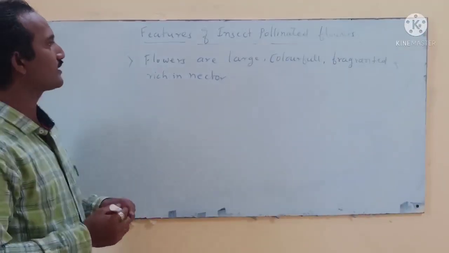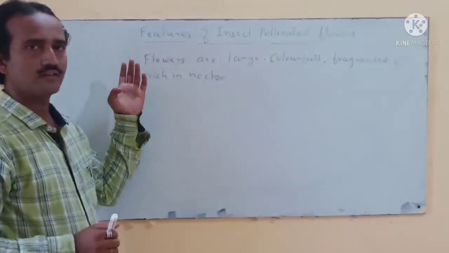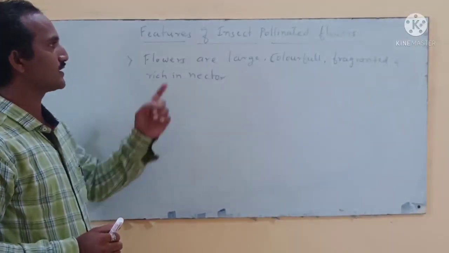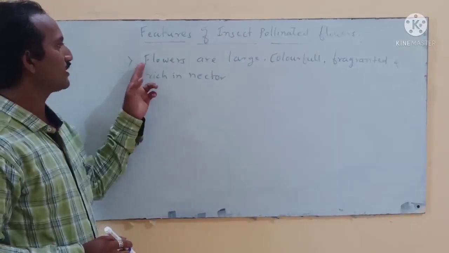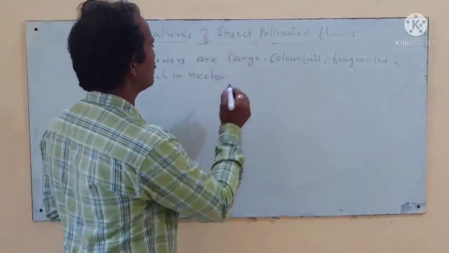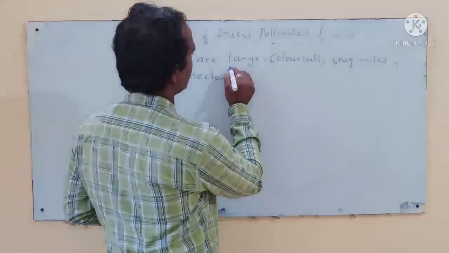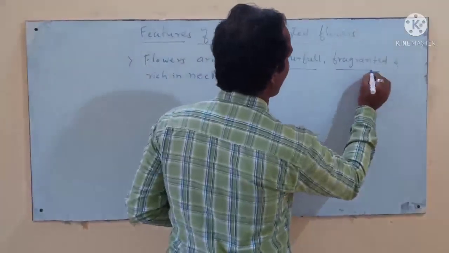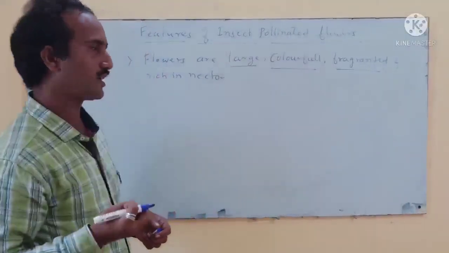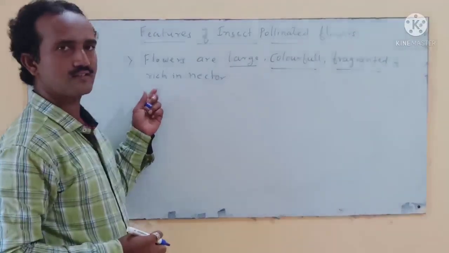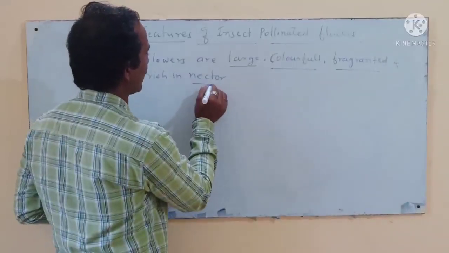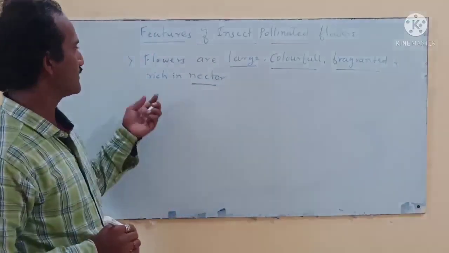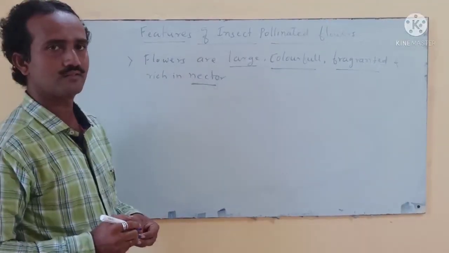So to attract the insects, in insect pollinated flowers the flowers are larger, colorful, as well as fragrant, meaning they can attract the insects. The insects will also require nectar, so that is also present in the flowers.